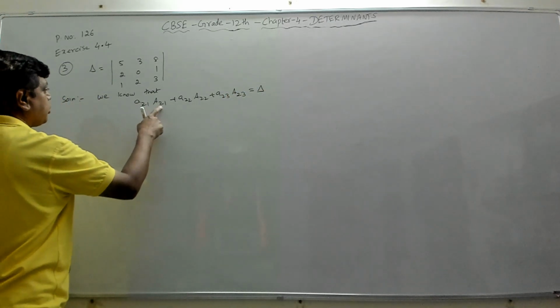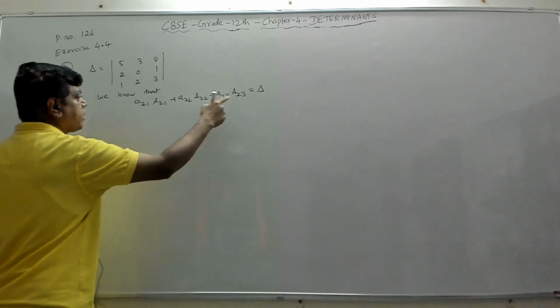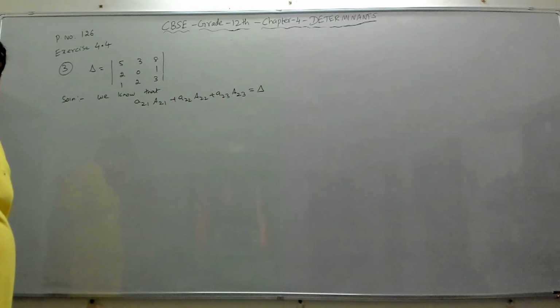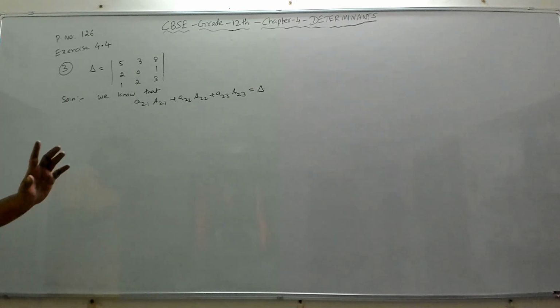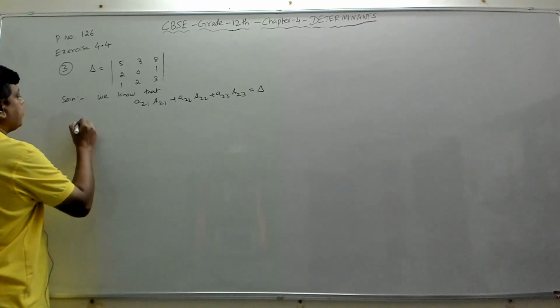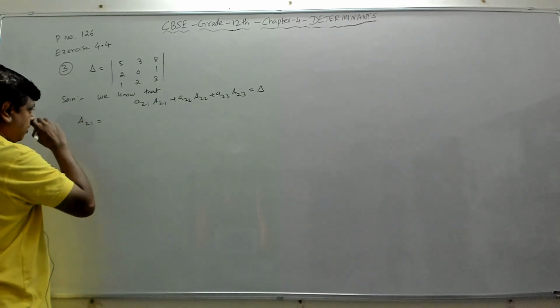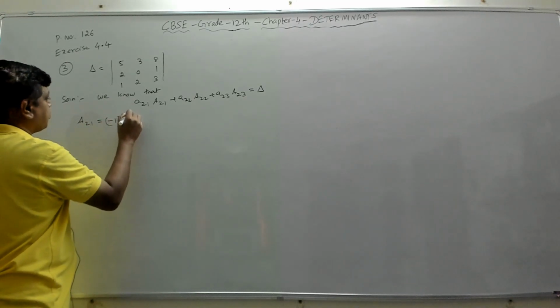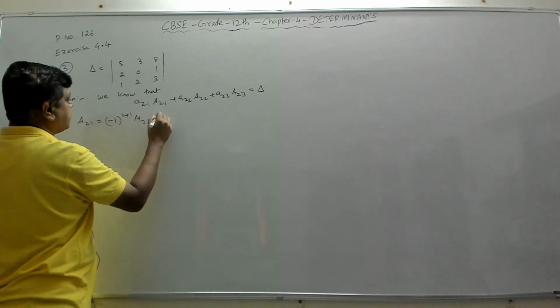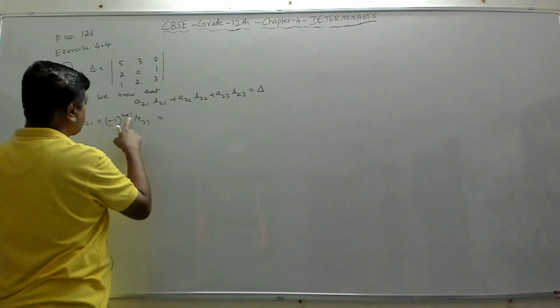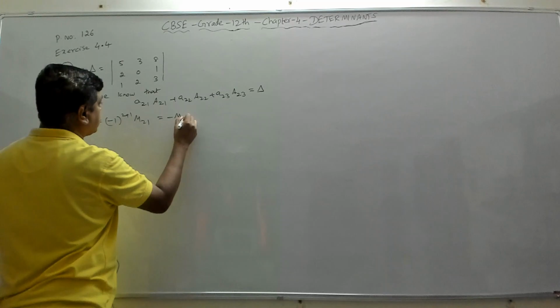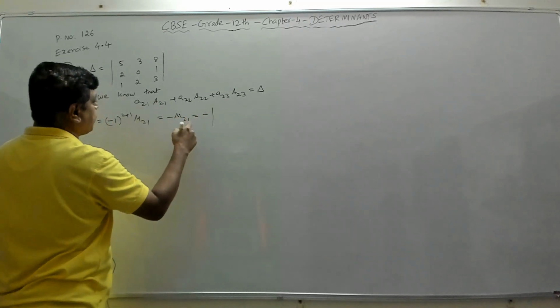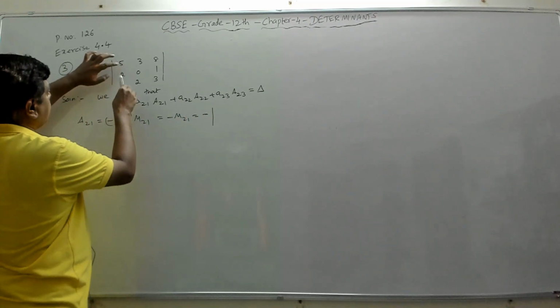Now let's find what is A21, A22 and A23. They are the cofactors of elements of row 2. So let's find what is A21. A21 is equal to, as per the definition of the cofactor, minus 1 power 2 plus 1 of M21. That is equal to minus 1 power 3, so minus M21. That is equal to minus of, what is M21? M21 is second row, first column.